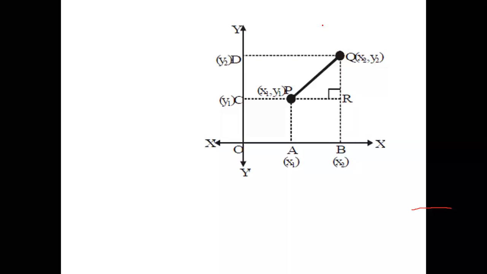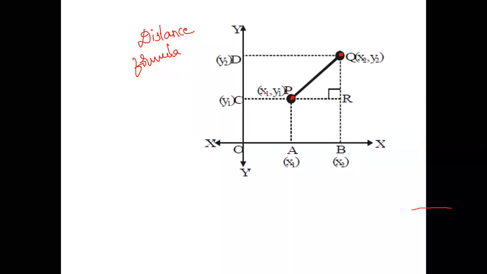Okay, next, you have studied about distance formula, correct? Why did you study the distance formula? Suppose you have 2 points, say point P and point Q, and point P has the coordinates x1 y1. We call x1 y1 the coordinates.